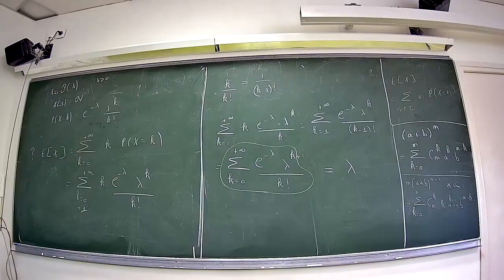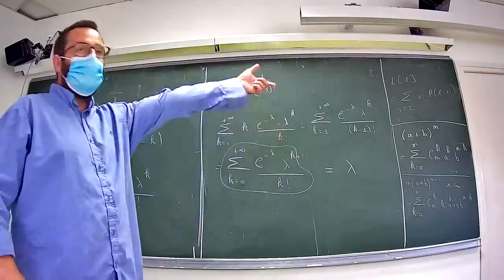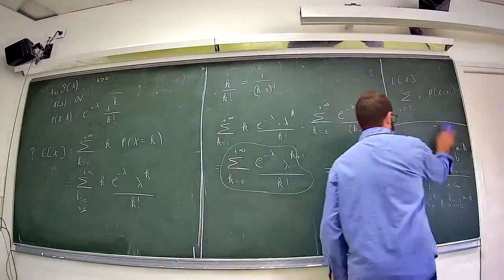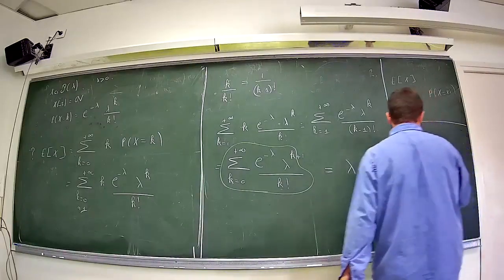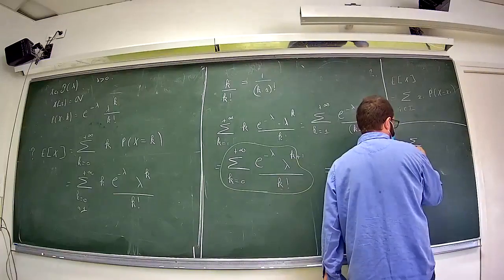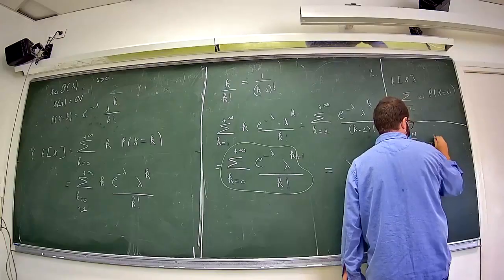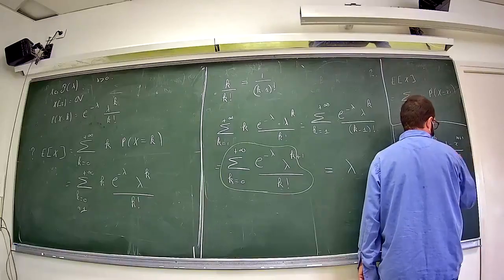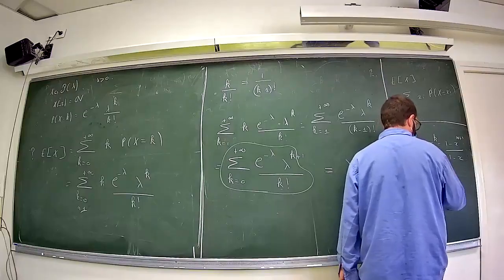So the last case is the case of the geometric distribution. In the case of the geometric distribution, I remind you that I replace this little trick by the fact that the sum from k equal to 0 to n of x to the power k is equal to (1 minus x to the power n plus 1) over (1 minus x), if x is different from 1.